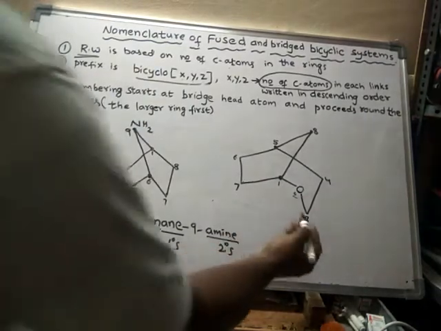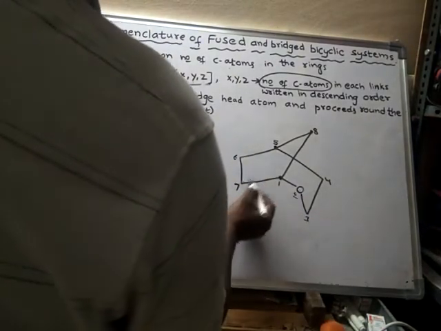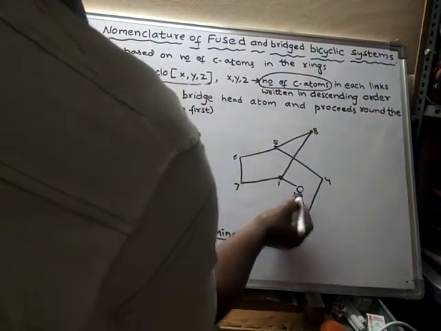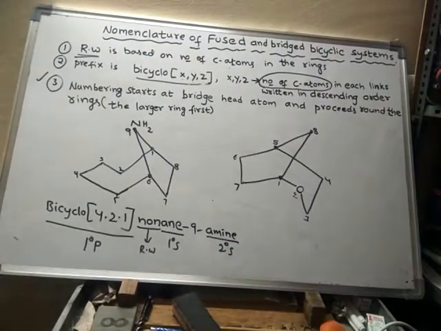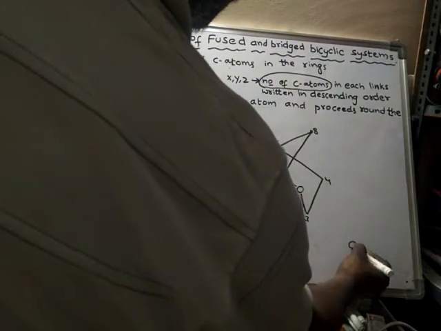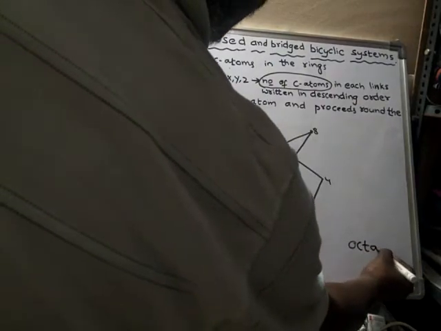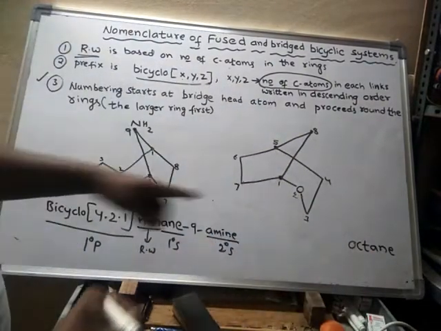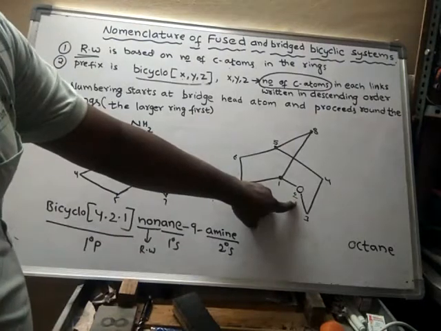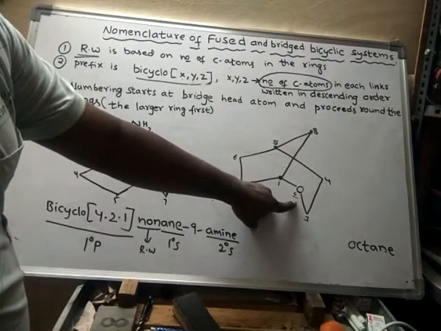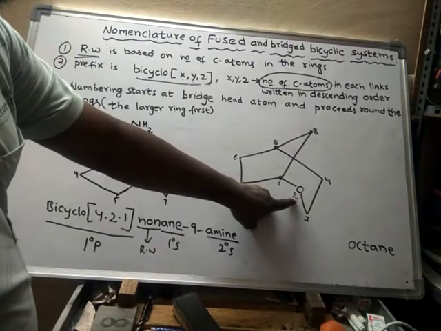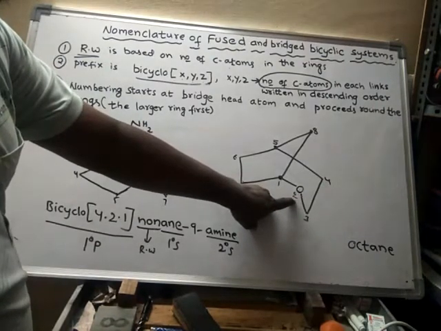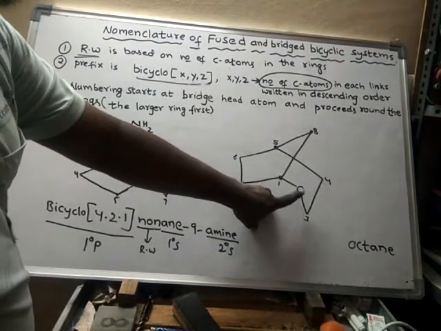So I will give the name of this compound like this. It is octane. Why octane? Because 1 to 8 members are there. Though one of the carbons is replaced by oxygen, it is still treated as octane, but 2-oxaoctane. Why 2-oxaoctane? It is octane only, but at the second position, the second number, it is replaced by oxygen.